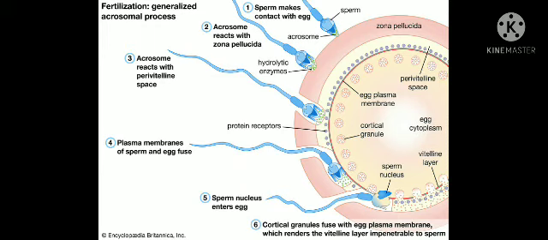The leftover are phagocytized by the acidic pH of the vagina. Okay, so from those, only about 100 sperms are capable of surviving the long path from the vagina up to the fallopian tube. Only 100 sperms are capable of reaching the fallopian tube.